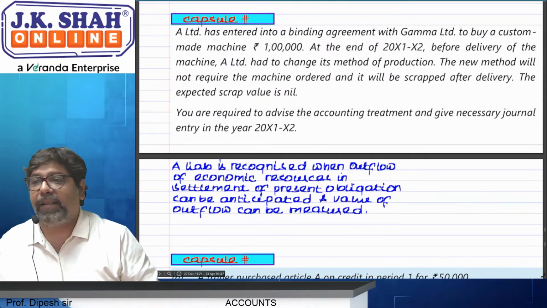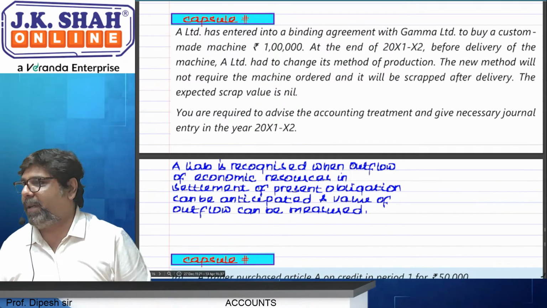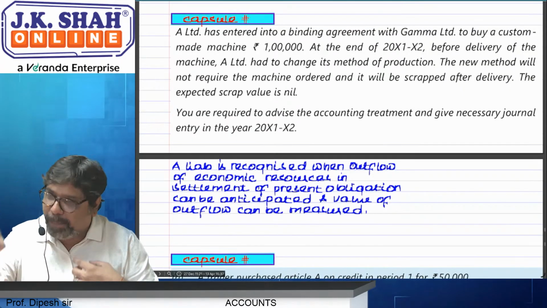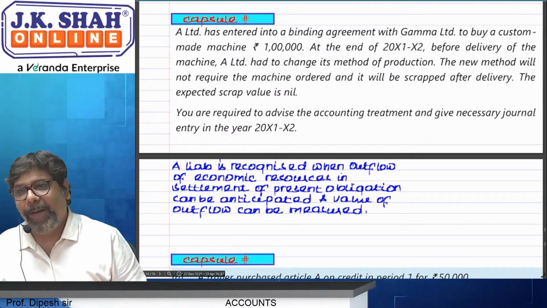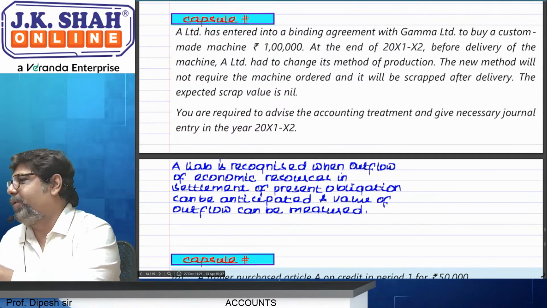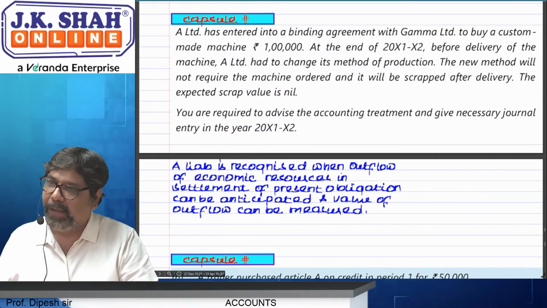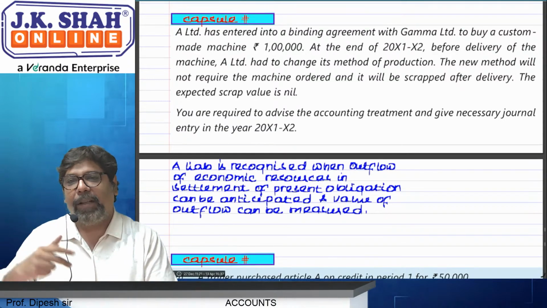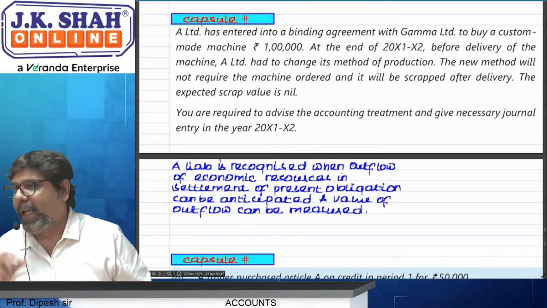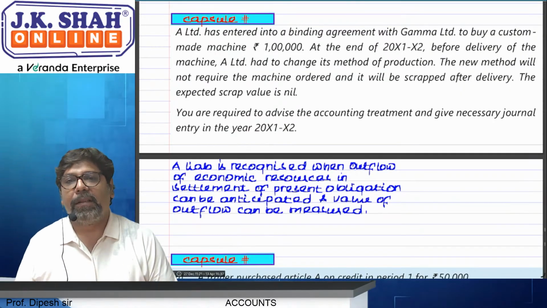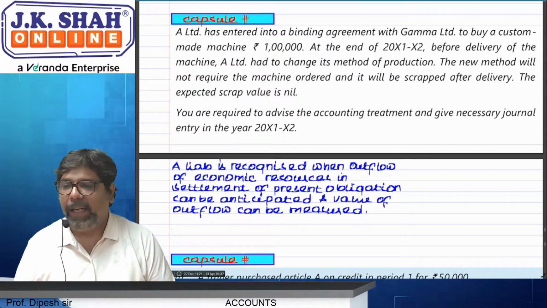Condition number 1, when you are anticipating that you have to pay. And condition 2, you can measure how much you are supposed to pay. When both are satisfied, you can recognize the liability.